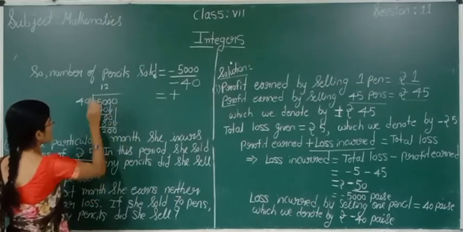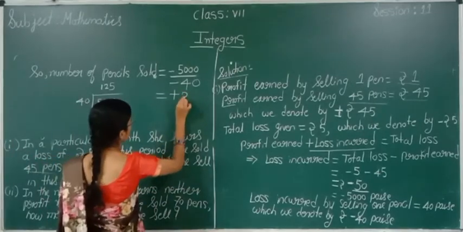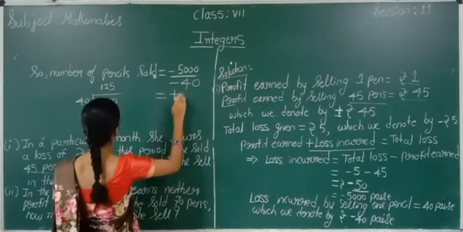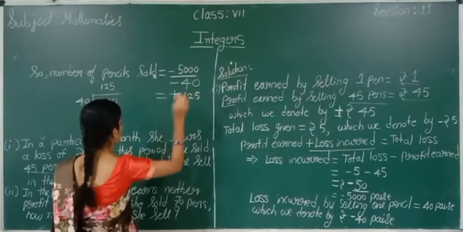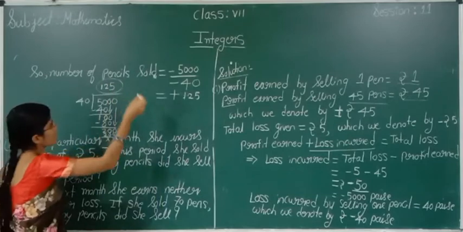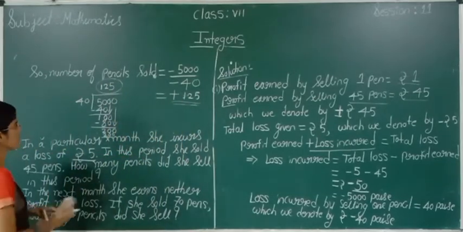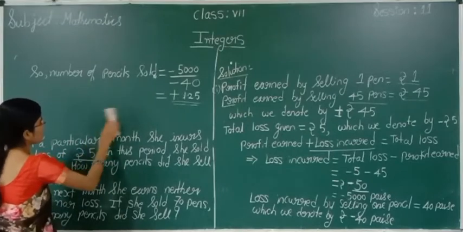Right? Now 40 fives is 200. The answer is 125. Okay. How many pencils did he sell? 125 pencils he sold.